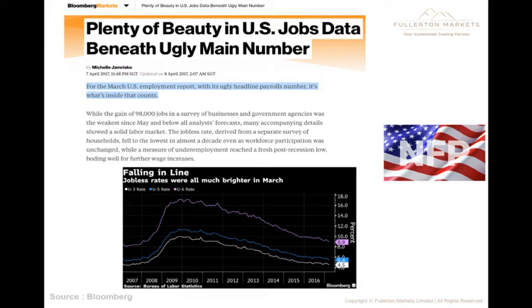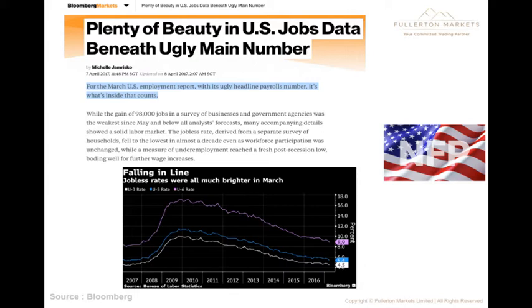As you can see in the chart at the bottom, it shows the U3, U5 and U6 rates. Later I'll explain more about these. Basically they have different ways of calculating the unemployment numbers. But all three ways are presenting a downtrend.